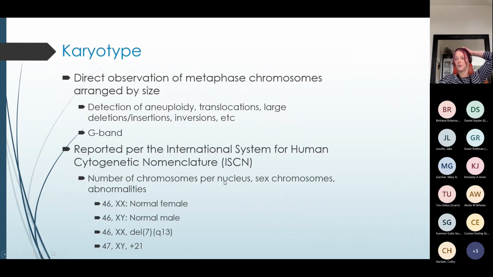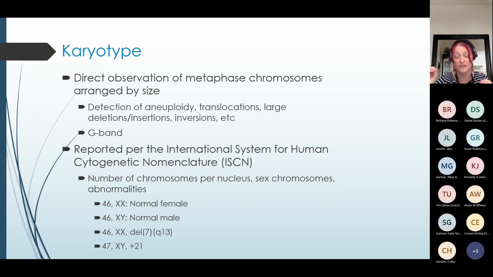So a karyotype, again, is a direct observation of metaphase chromosomes. And again, we talked about how they're arranged by size, and then your sex chromosomes are at the end. And again, we can detect aneuploidy, translocations, large deletions or insertions, and inversions. Now, again, this takes a lot of training, because your chromosome might seem really long if it has an insertion or a translocation.